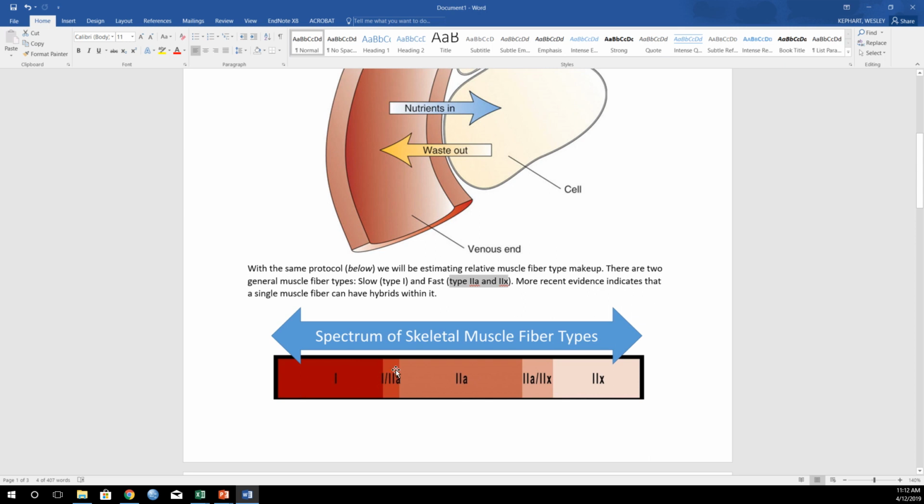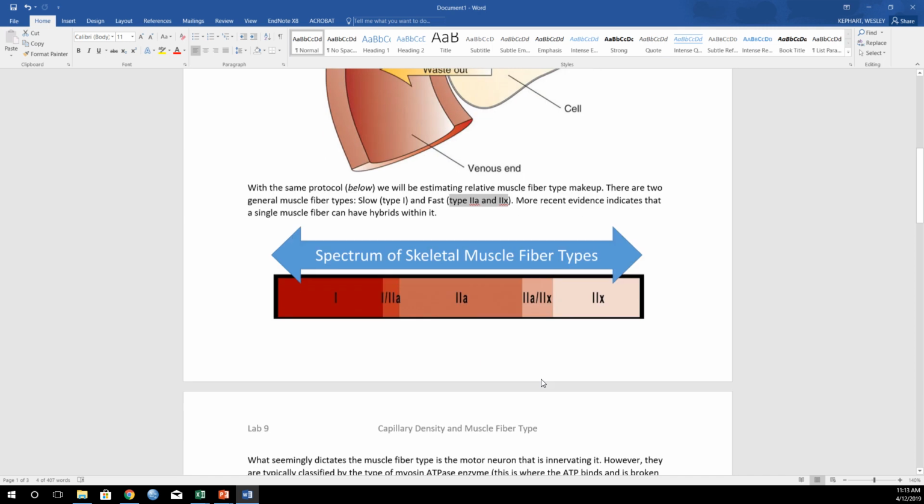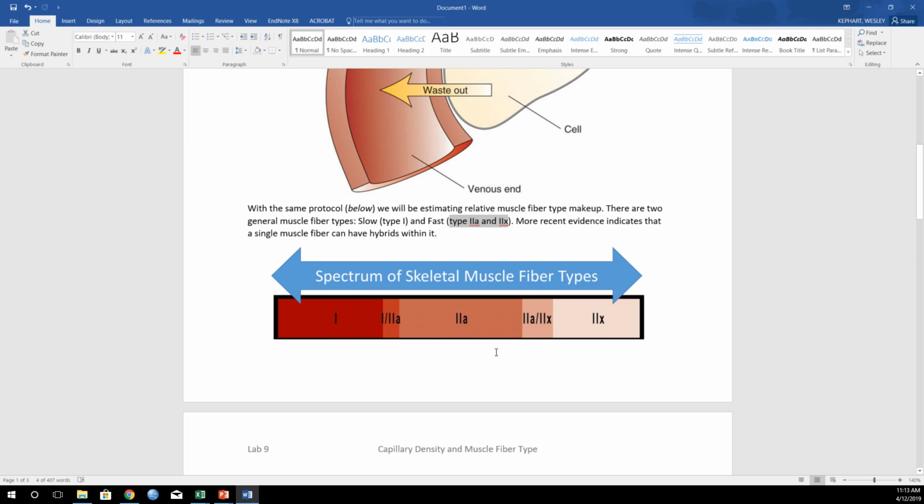So, I'd like you to think more of muscle fiber types on a spectrum. So, really slow, a little bit faster, a little bit faster, a little bit faster. And there's some recent work coming out of California. The guy doesn't know I'm talking about him, so I'm not going to refer to his name. But one stretch of a muscle fiber actually might have different muscle fiber types within it, where it would be a hybrid muscle fiber.